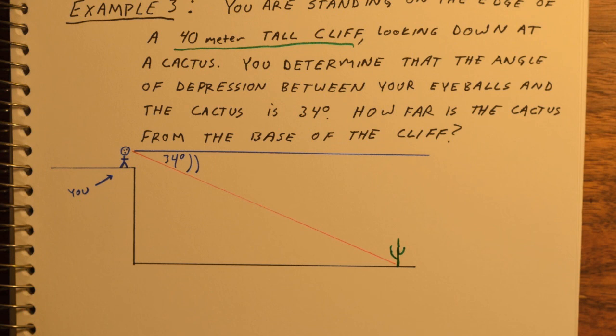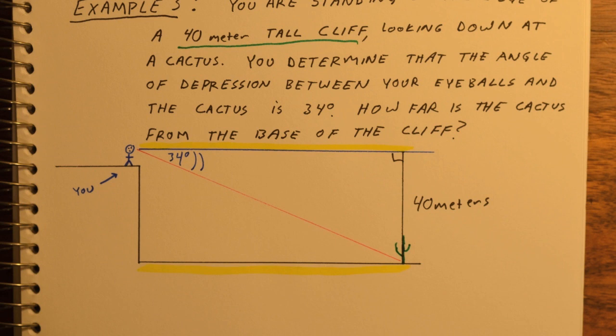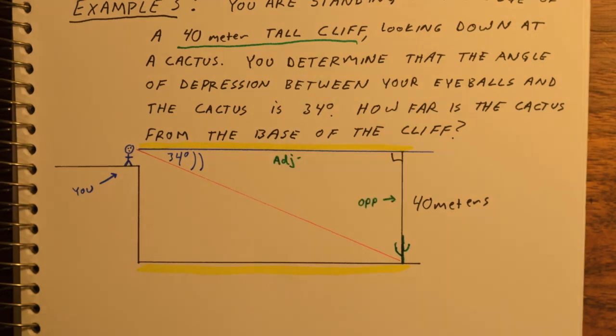So if we create a right triangle, we know that the cliff is 40 meters tall. And so that means the altitude from the horizon line to the cactus is 40 meters long. Since the two highlighted lengths there are congruent, we can find one using trigonometry. The opposite is 40.